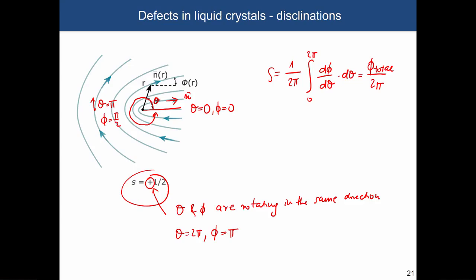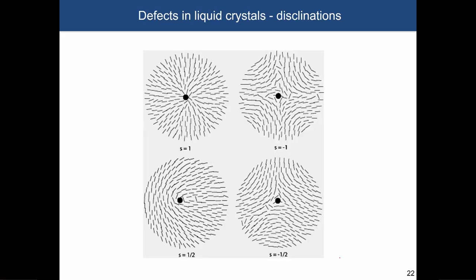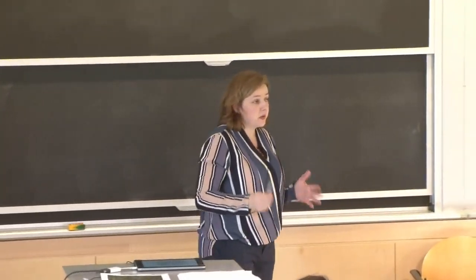To show you a couple of examples of disclinations with different strengths, on the next slide there are different configurations of disclinations with different magnitudes of strength, and you can see that they are very distinct in the configurations of the liquid crystalline molecules that they contain. When you have a liquid crystalline material, these types of defects are very common.